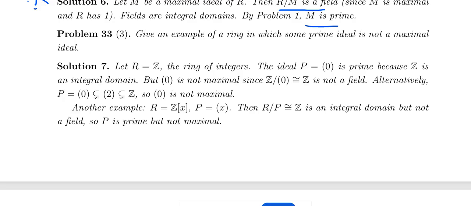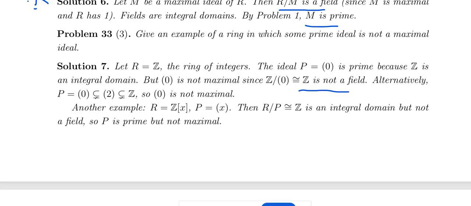But 0 is not a maximal ideal, since Z/{0} is isomorphic to Z, which is not a field. So {0} is not a maximal ideal. Therefore P = {0} is a subset of the ideal generated by 2.